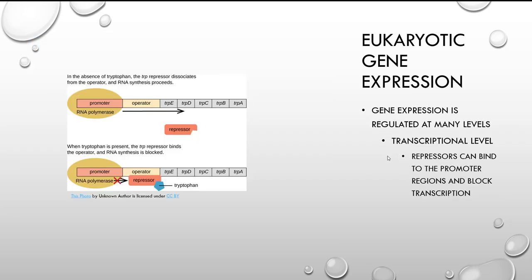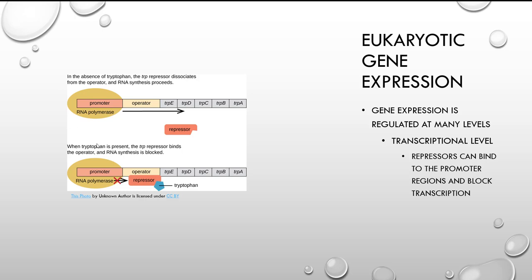The next way is at the transcriptional level. So at the transcriptional level, this is again the same thing that we talked about with the prokaryotic cells. So we can have those repressors. So the repressors can bind to the promoter regions and block transcription.